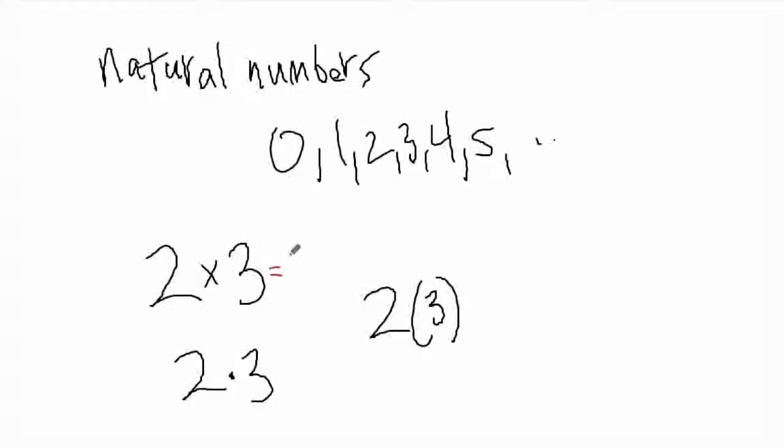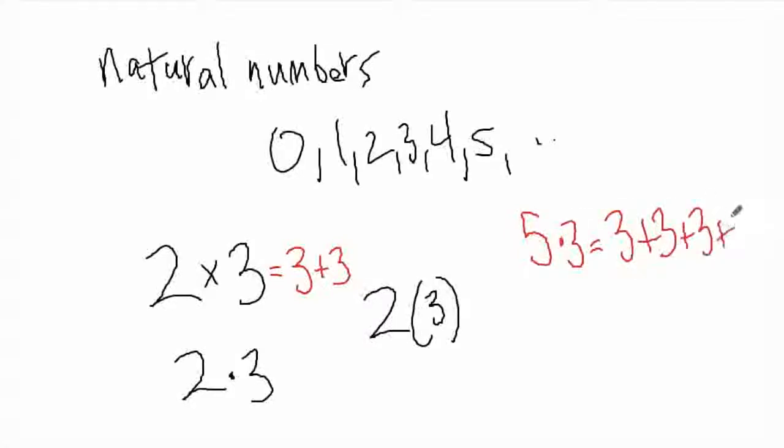Think of that as adding two threes together. If I was to do, let's say, 5 times 3, well, that means I'm adding 5 threes together. And we know how to add, so that means multiplication is going to be no problem, right? It's just an abbreviation so that we don't have to write a big long addition.